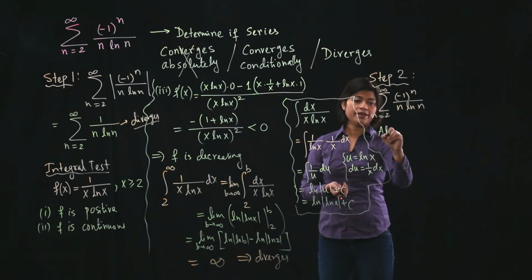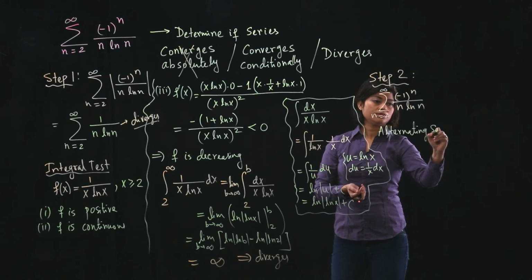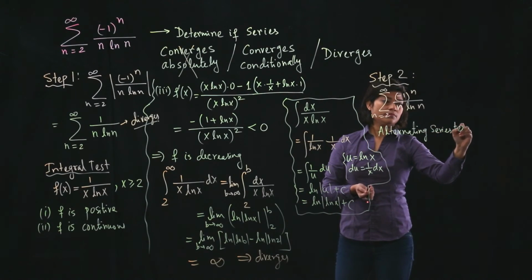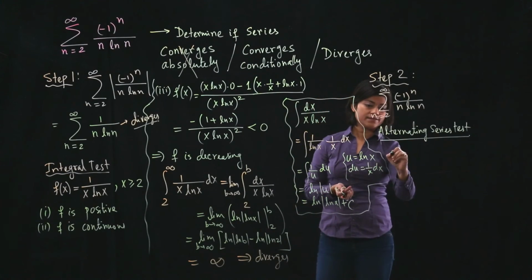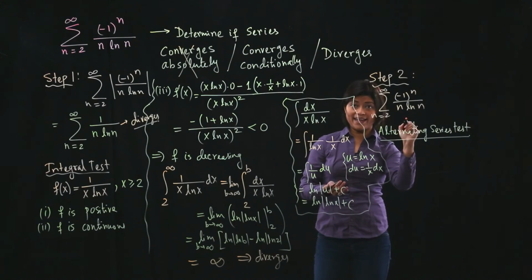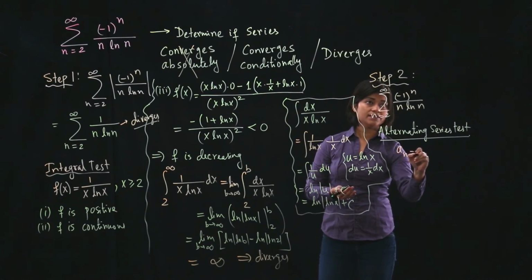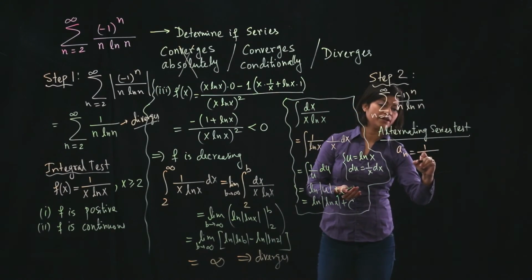So we can apply the alternating series test. So remember what that test is. Well, first, you have to consider the a_n. a_n is the positive part from the series, which is 1 over n ln of n.